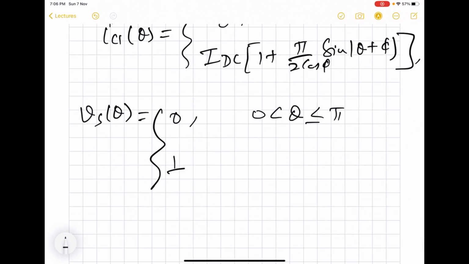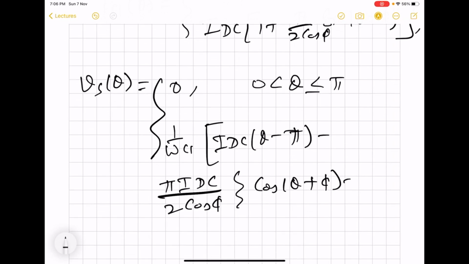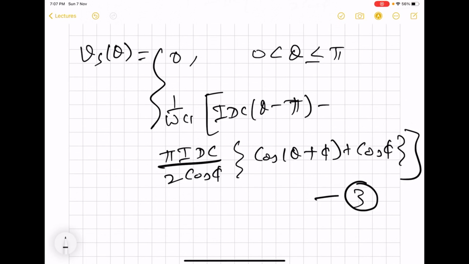and 1 by omega C1 into IDC theta minus pi. Now this IP gets replaced by pi IDC by 2 cos phi, cos theta plus phi plus cos phi. We can do further simplification. We see that cos phi is here and here.